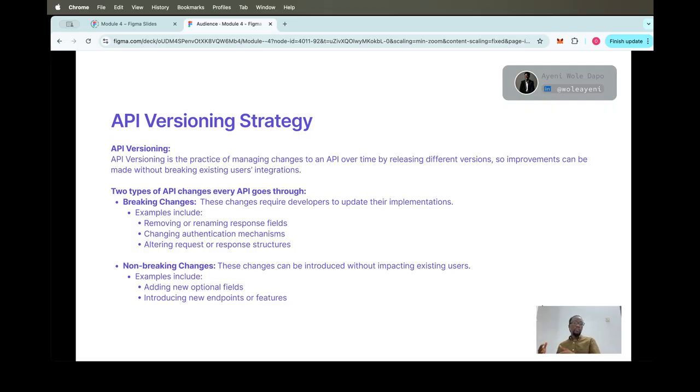What are non-breaking changes? These are changes that can be introduced without impacting existing users. A typical example is adding a new field. Let's use the example we used before. My system expects five pieces of information from you. Because of your generosity as a provider, you've added three additional ones, maybe salary range, country, and information about my financial history or credit scoring, because you're a good provider.